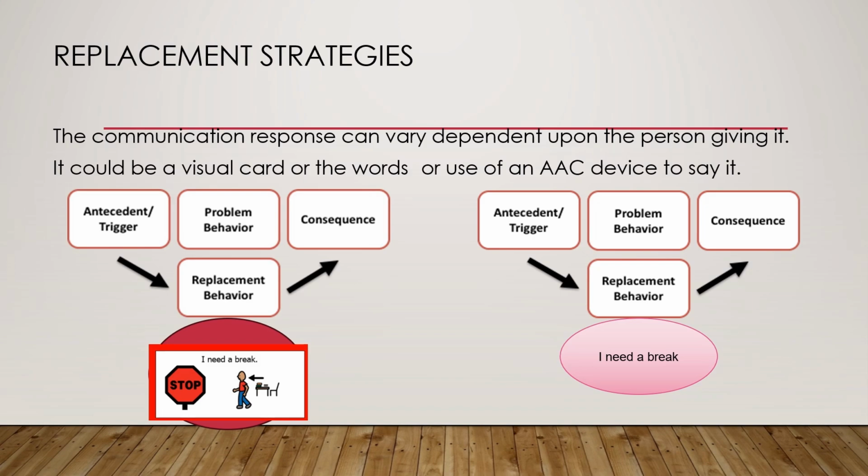And the way that this works is your replacement behavior. So your problem behavior in my classroom was the child needed a break, and the problem behavior was that they flipped a desk. My replacement behavior that I taught was a picture card on the desk. And for them in the beginning, they may need unlimited access to breaks, which can be very controversial.